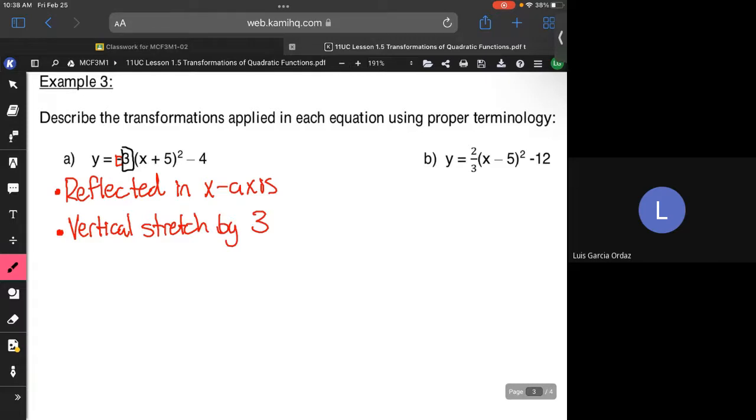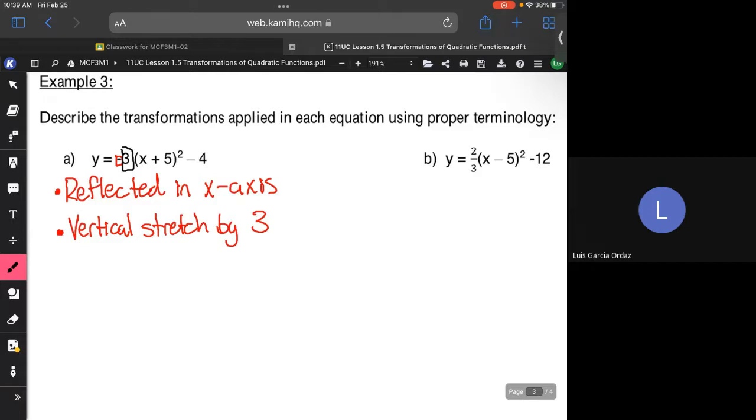So when it opens down, our normal graph opens up, and when it opens down, that means it flips onto the x-axis and goes down. Yes, Rita? So then if a is just positive, there's no reflection. Yep, there's no reflection. If a is positive, it just opens up.